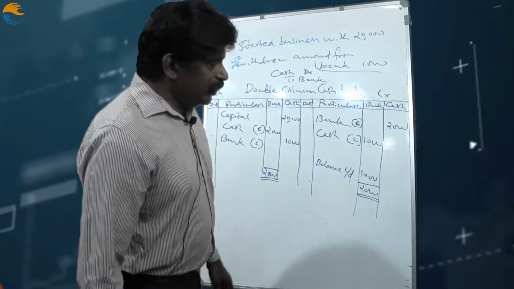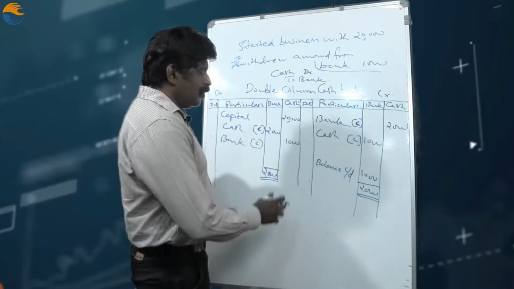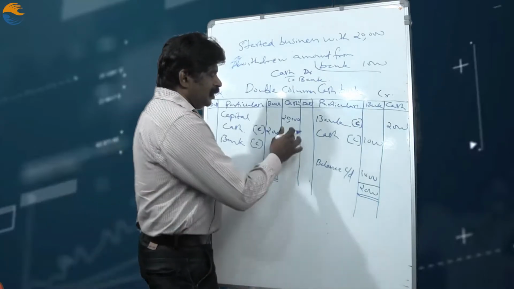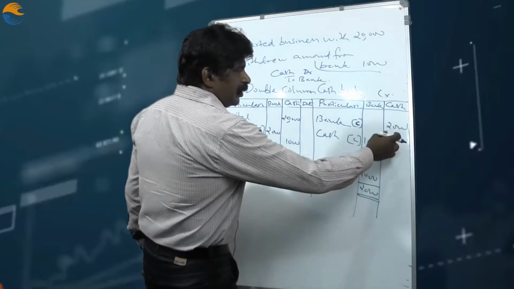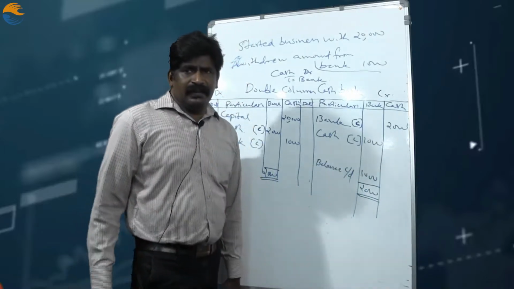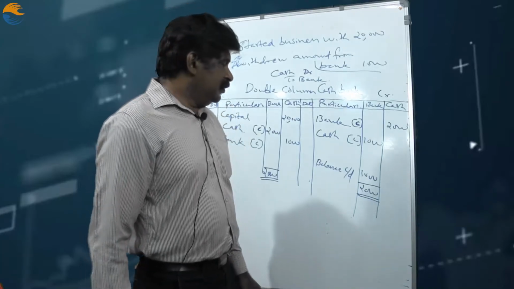And the next process is to balance the cash columns. Once again consider the total of both sides. On the debit side, 20,000 plus 1,000, 21,000 is the total. On the credit side, only 2,000 is there. So the highest total appears on the debit side.